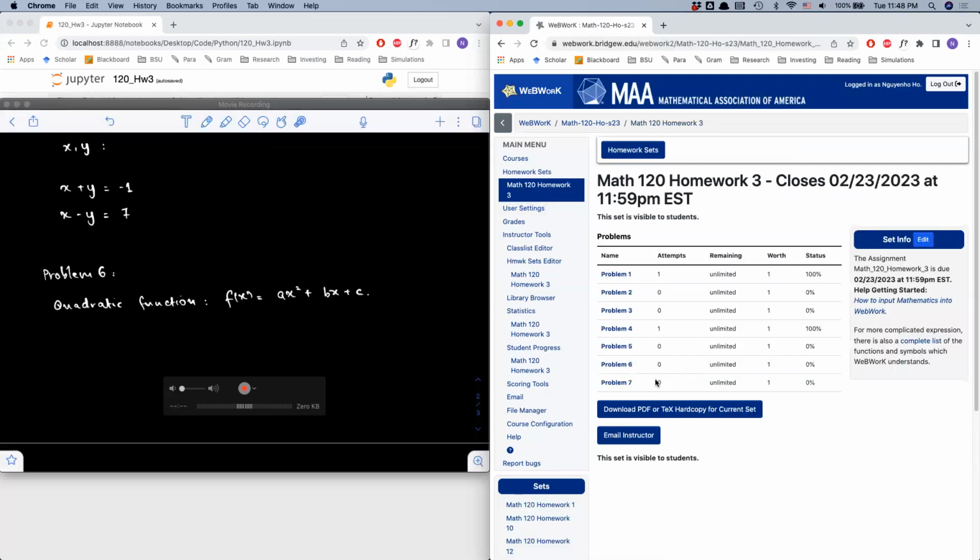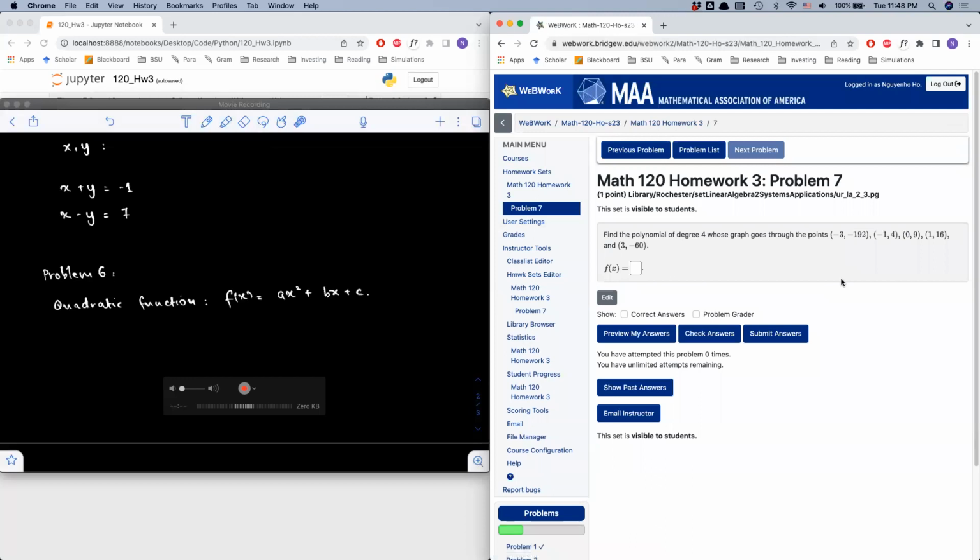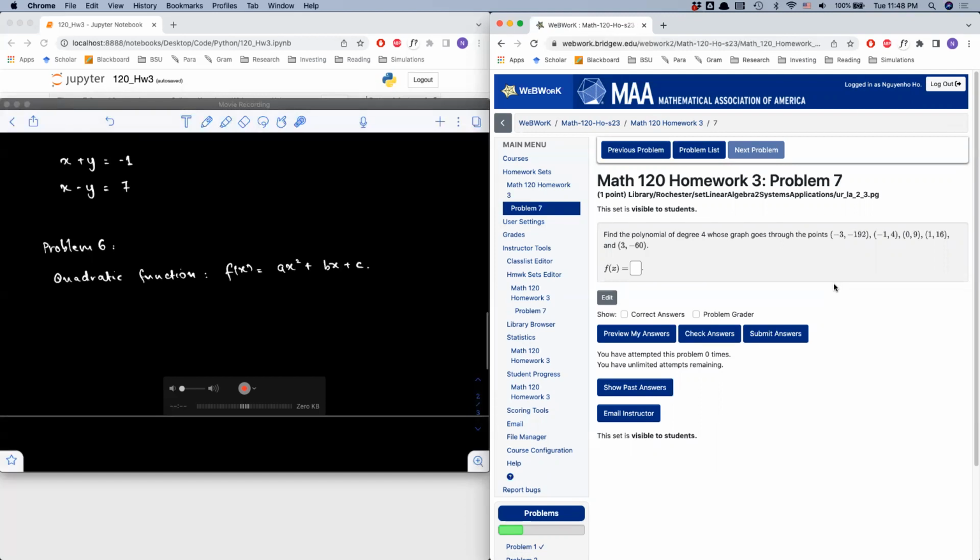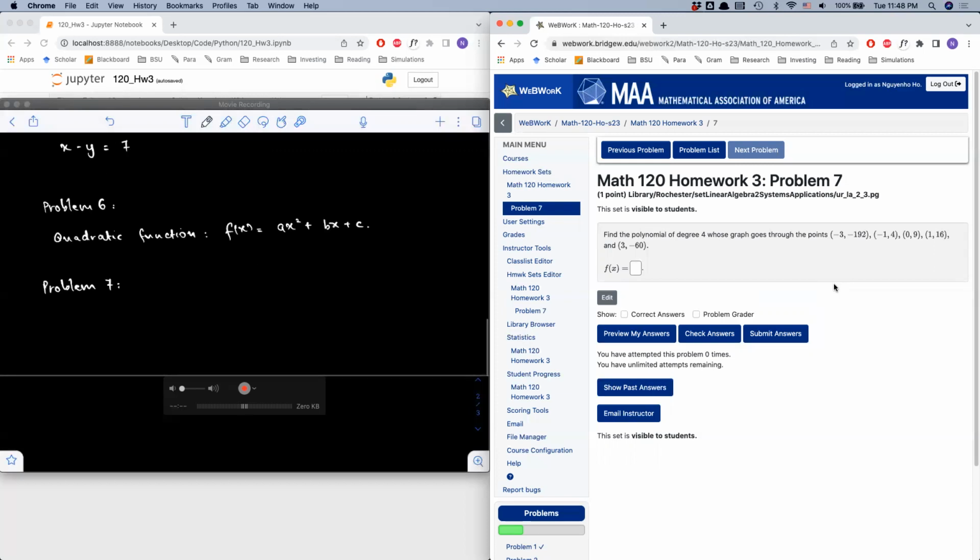Now move on to the last problem, which is problem 7. Again, very similar to problem 1, 2, 3, and 6. In this case, you have polynomial functions of degree 4 to fit into 5 points, right? And let me write down the polynomial functions of degree 4 for you.